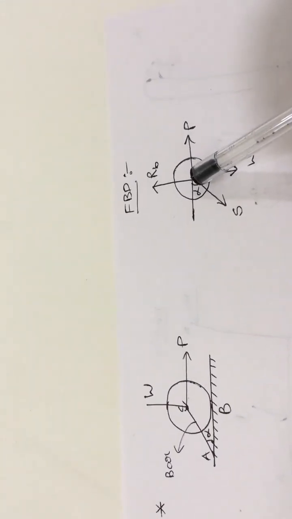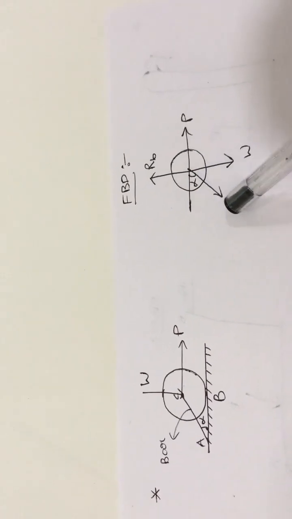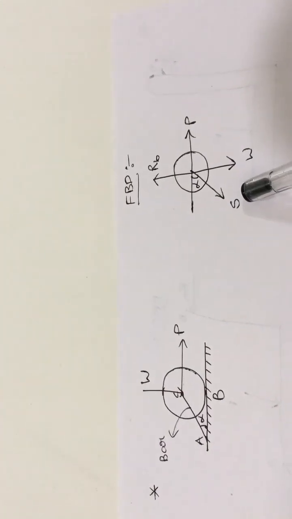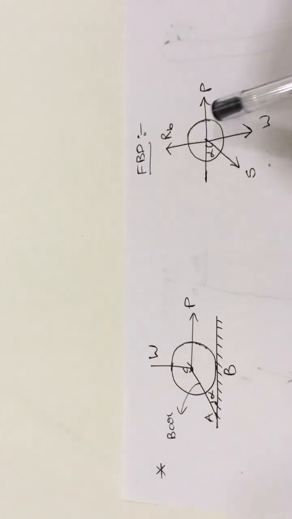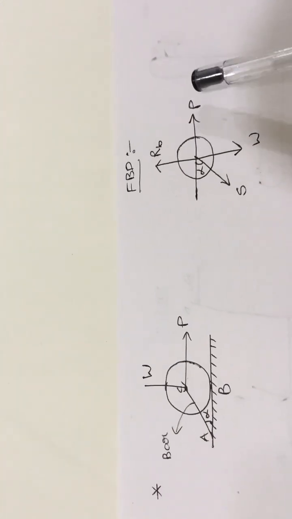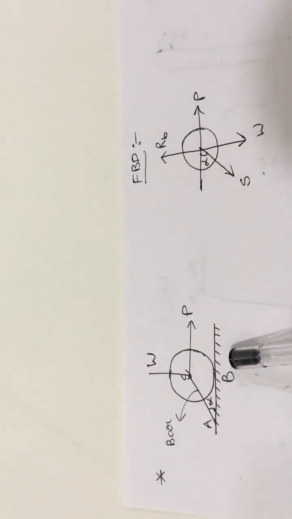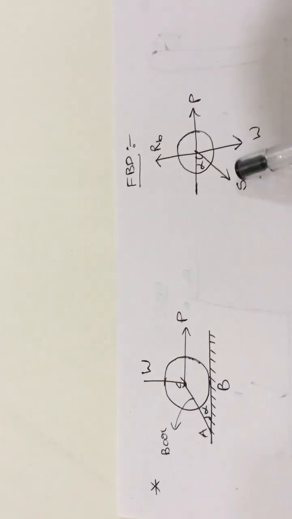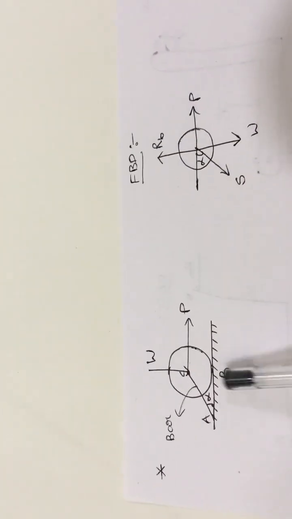So you will get one tensional force acting away from the ball going into the third quadrant, and we can represent it with any alphabetical letter. I will represent it with S. So here two direct forces W and P from the main diagram, and here one support is there. From this support you are getting the RB reaction force, and from this bar support you are getting the tensional force S. So this is the free body diagram for this body.